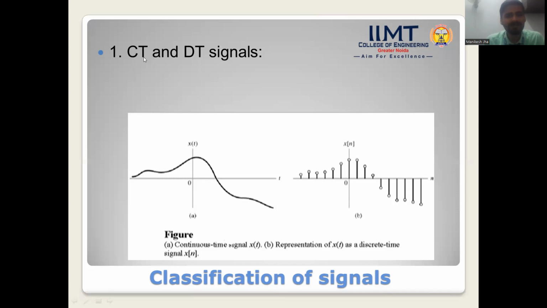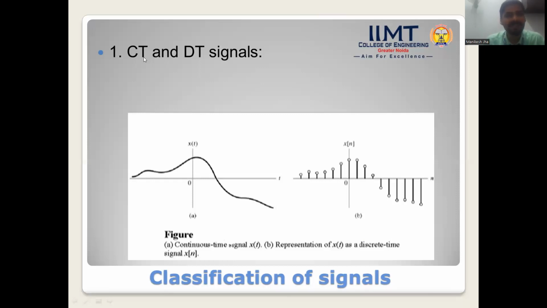Continuous time signals are those signals which vary with respect to time at every instant of time. It means at every instant of time, the signal changes its amplitude or magnitude. That is a continuous time signal. The second one is the discrete time signal.